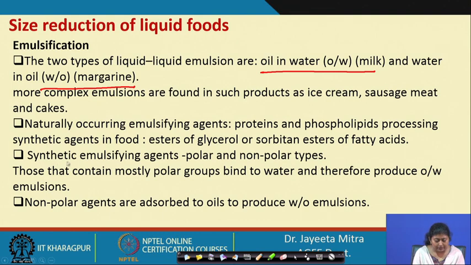So, synthetic emulsifying agents may be polar and non-polar type. Those that contain mostly polar groups bind to water and therefore produce oil in water emulsion, and non-polar emulsifying agents are adsorbed to the oil to produce the water in oil emulsion. So, we have seen where the importance of polar and non-polar emulsifiers occurs.